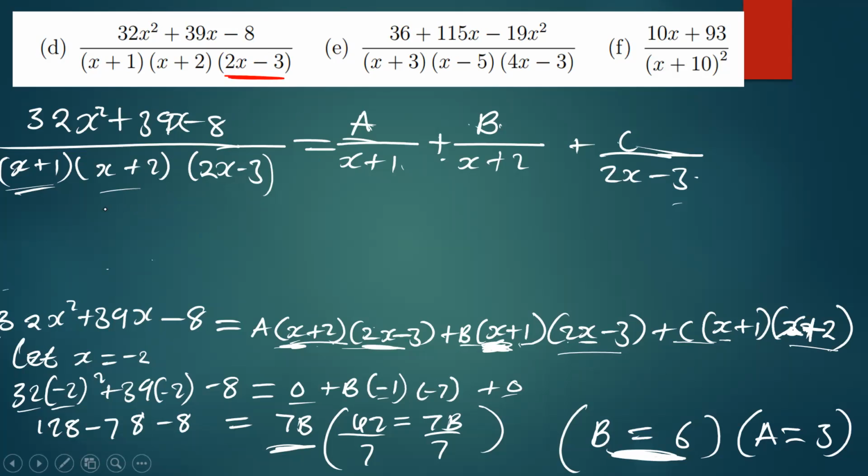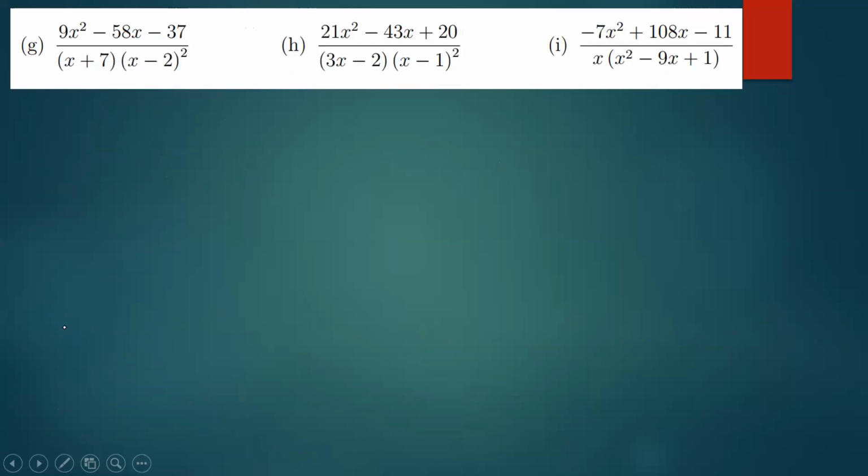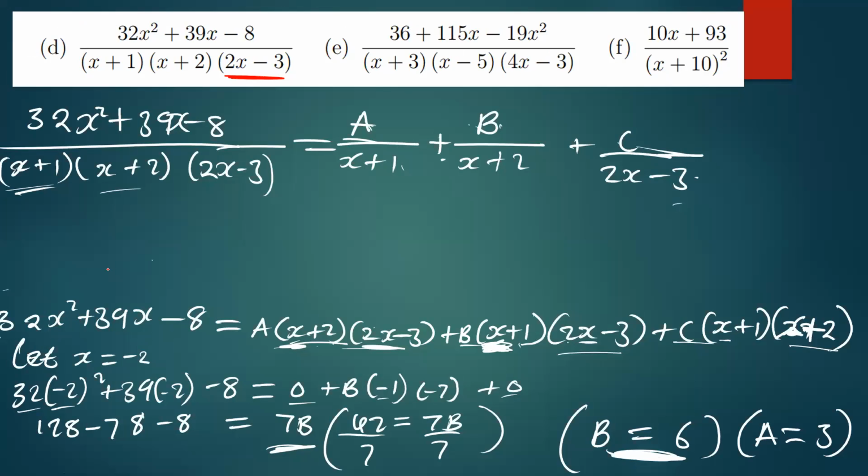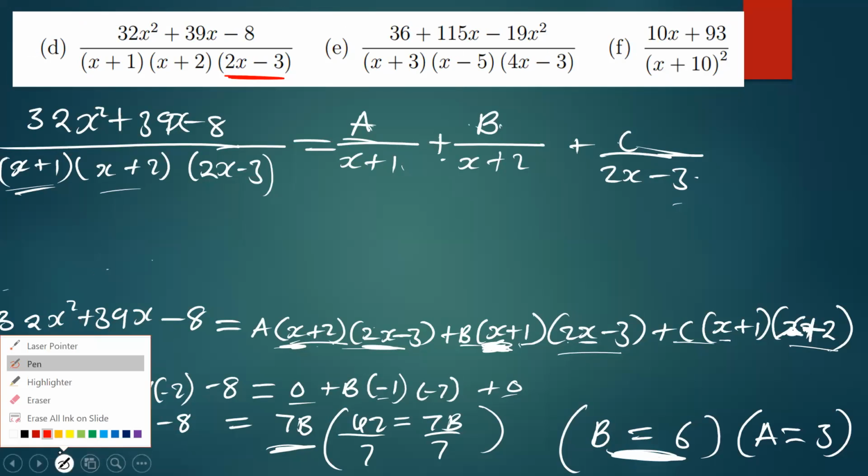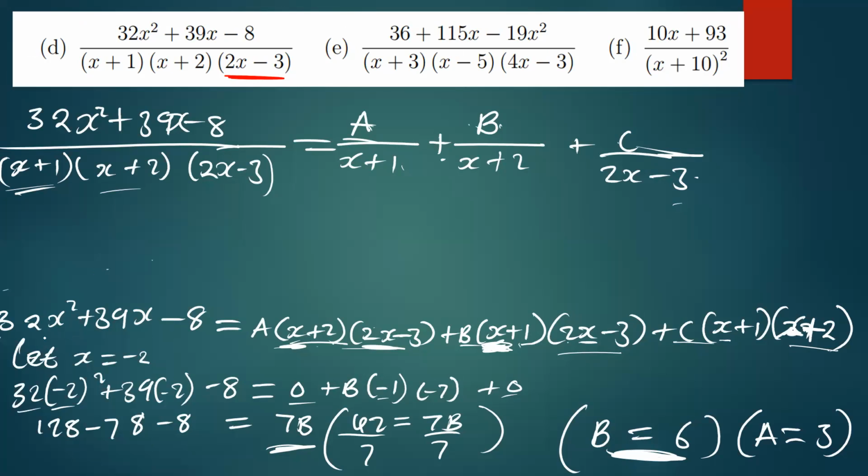There now you have to compare the terms having the same degree, meaning the terms having the same power. So if I, for instance, take the power of x squared, the term with x squared, this side on the left, I'm going to have 32.